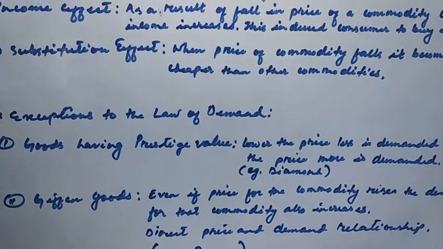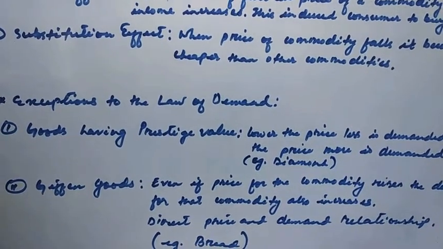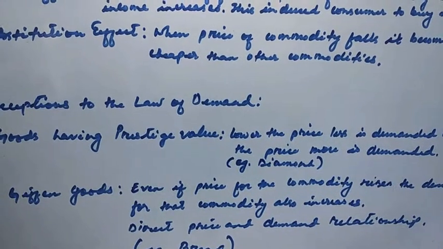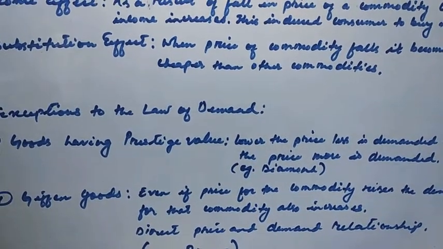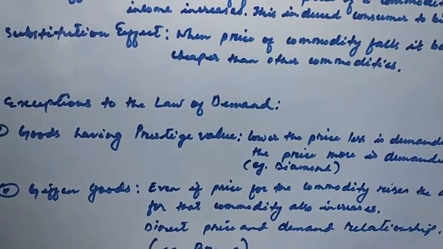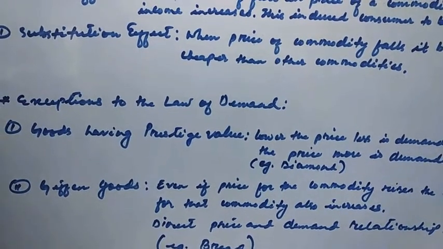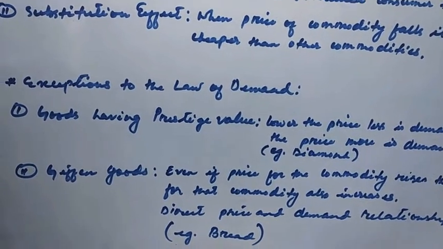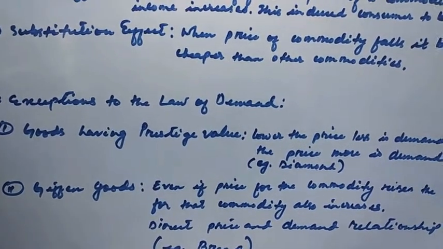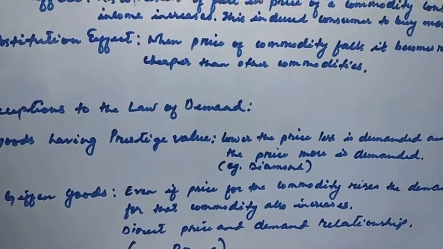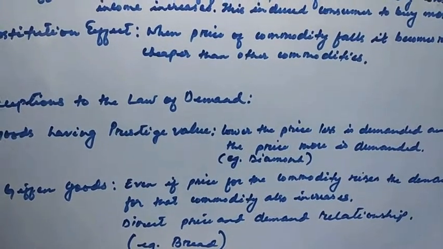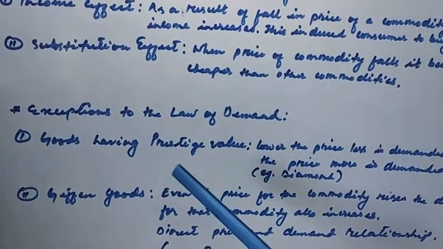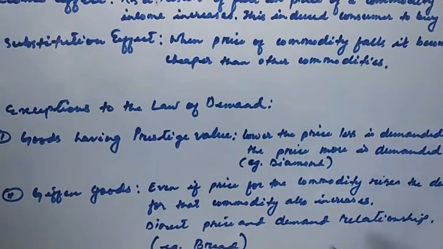So it is going against the law of demand, because the law of demand says when the price is high, people will demand less. But here, in the case of a diamond, which is a prestigious good, they demand more when the price is high and less when the price is low. So in this case, the law of demand does not hold true.